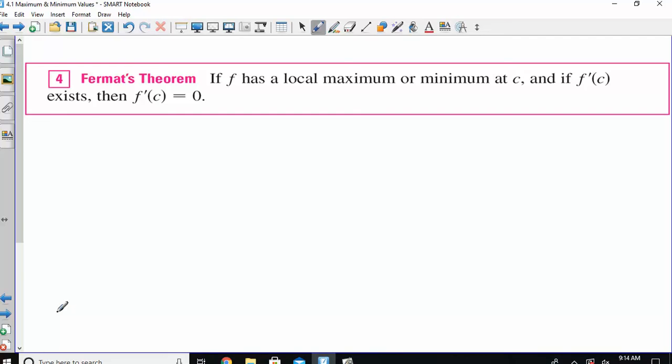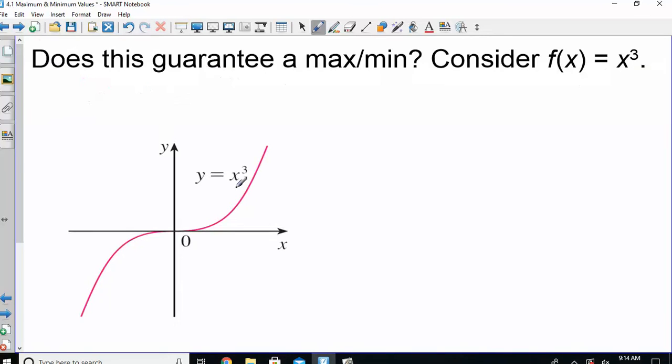Now here's my question. If the derivative is 0, does that guarantee the point is the maximum or minimum? No. If you think about x cubed, if you did the derivative of x cubed, you get 3x squared.